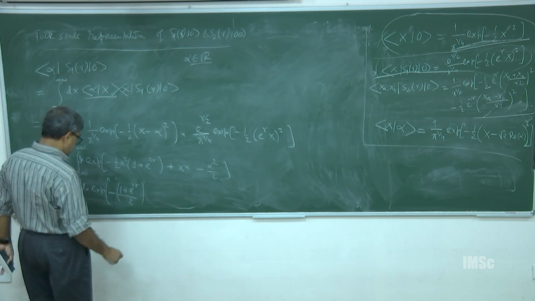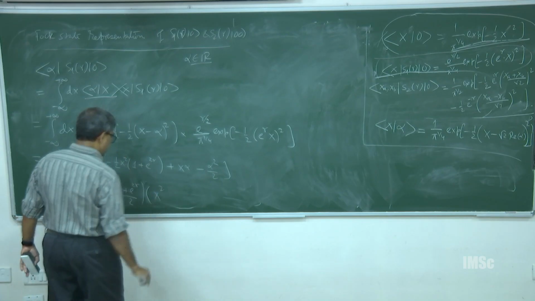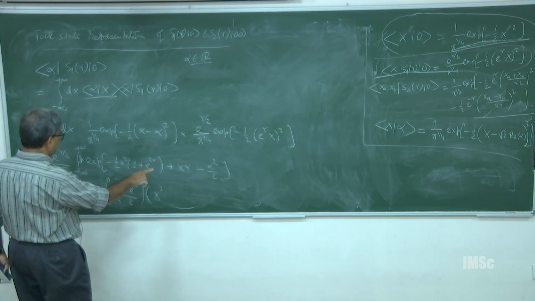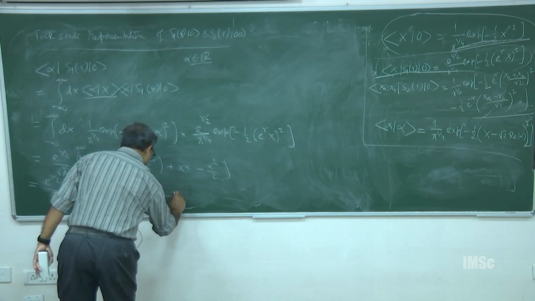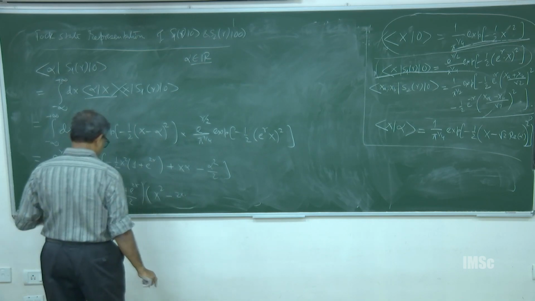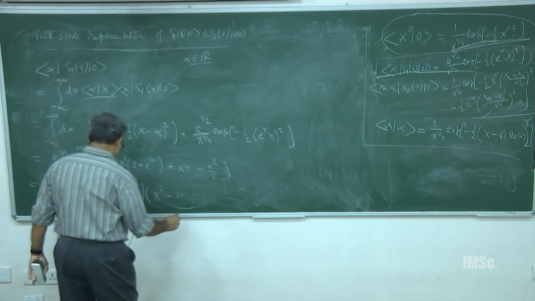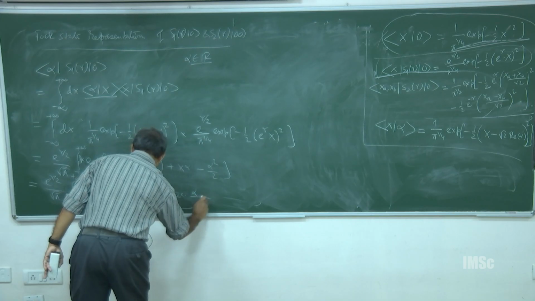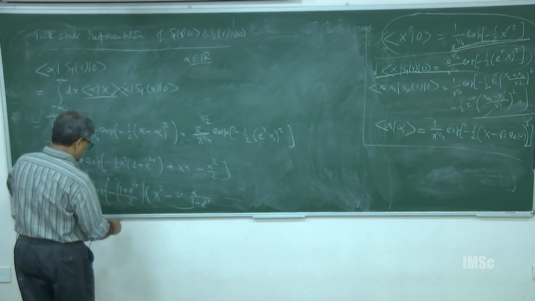So this into x square, this is plus, so this is minus twice x into alpha divided by 1 plus e to the power twice r. Is that correct?